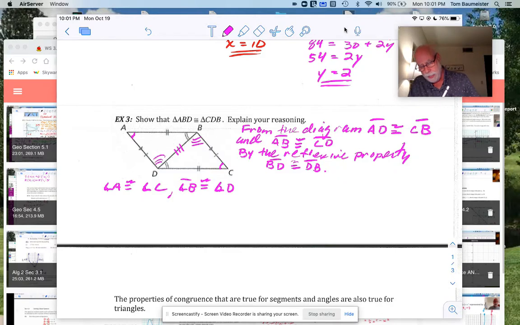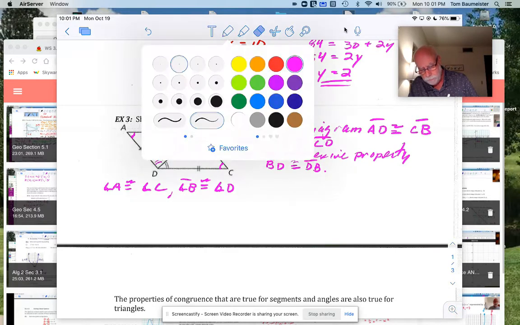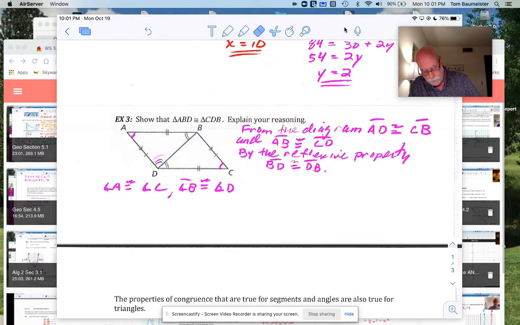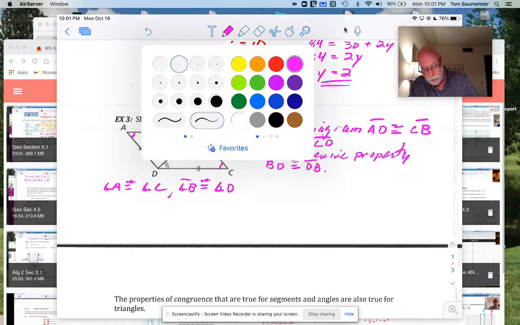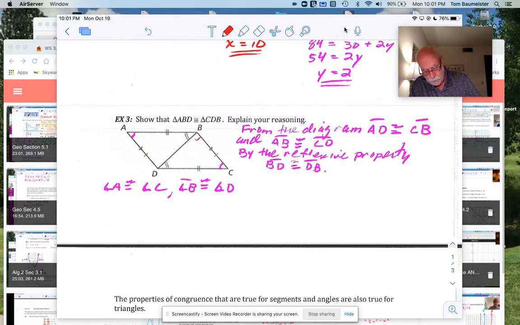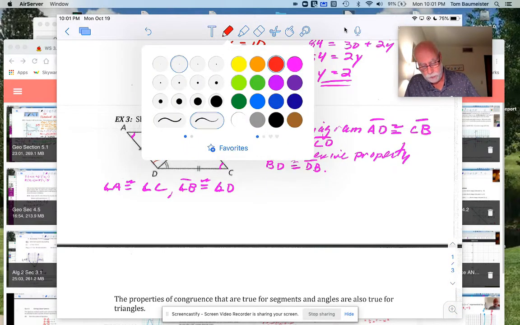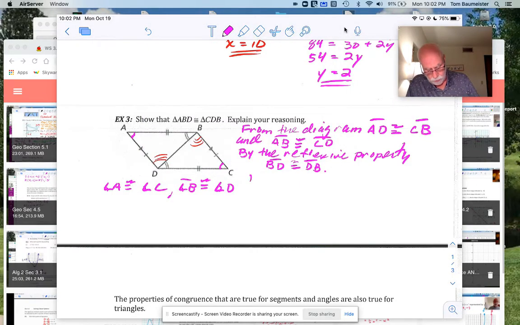right? Now I just told you that this one here and this one here are the same. But can you tell me why, ladies and gentlemen? All right. Can you tell me why? I'll let you think about that as I write down that from these two we can tell from the diagram.